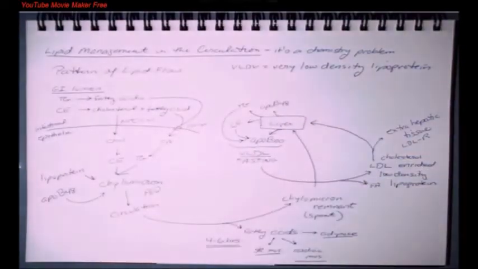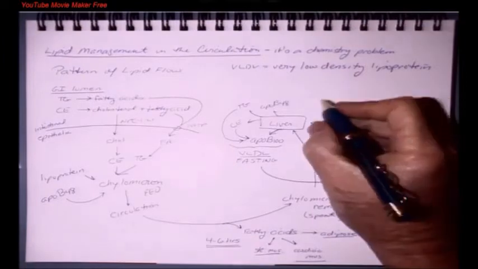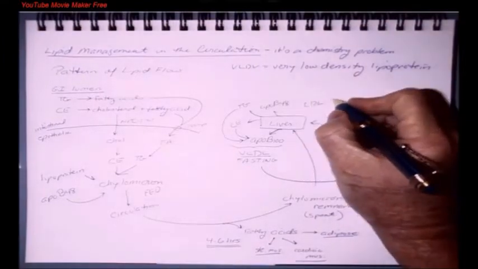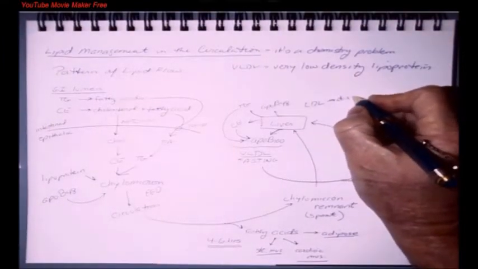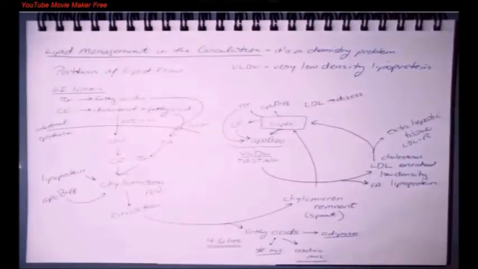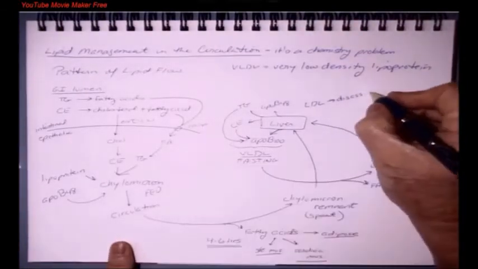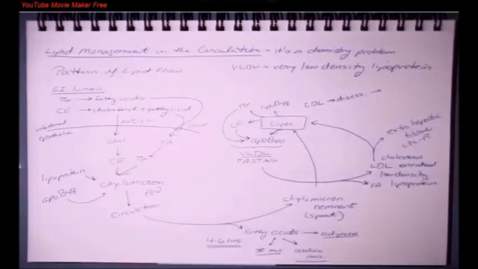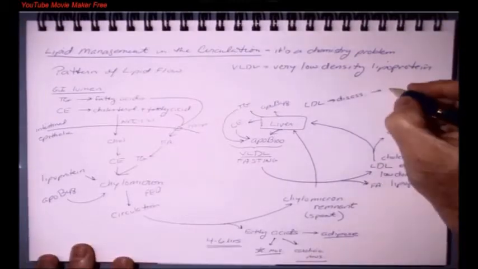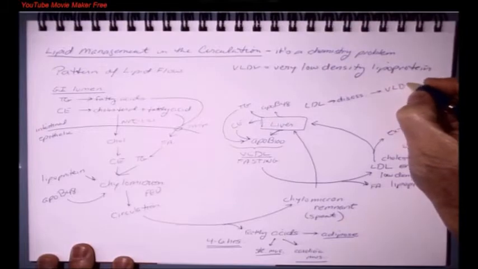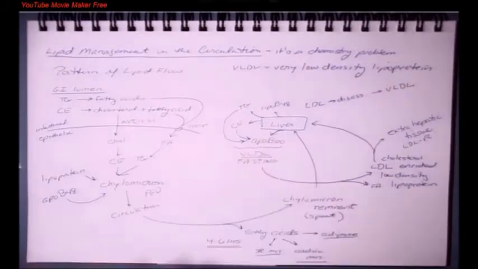Now, what does the liver do with LDL cholesterol? Well, it has two fates. One, the LDL is disassembled, just like chylomicrons are, and then the components of LDL are recycled to make more VLDL and placed back into the circulation.